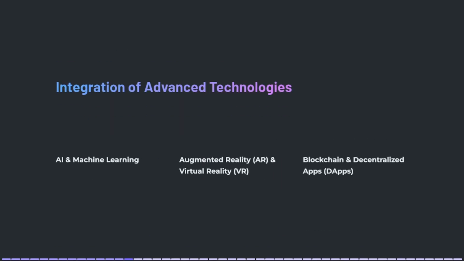The future of apps is intertwined with cutting edge technologies. AI will make apps smarter, AR and VR will redefine user experiences, and technologies like blockchain will introduce a new era of decentralized applications.